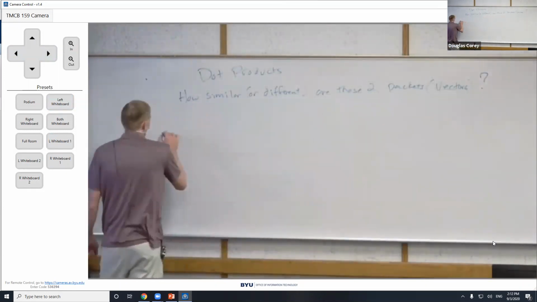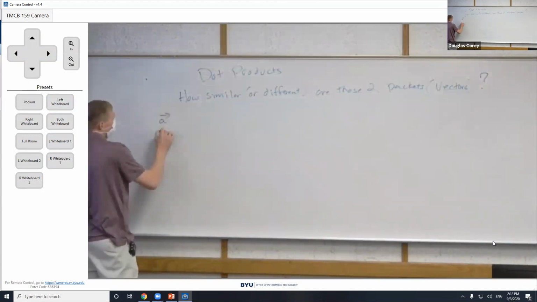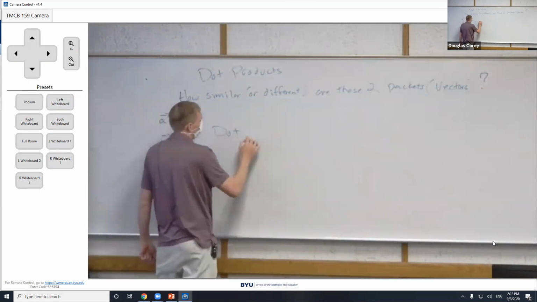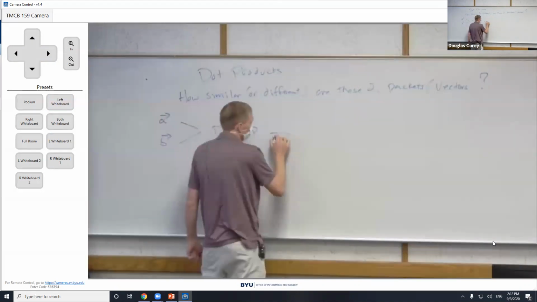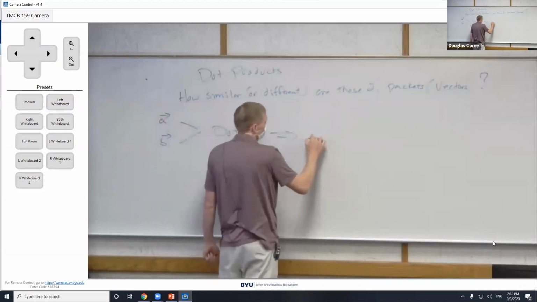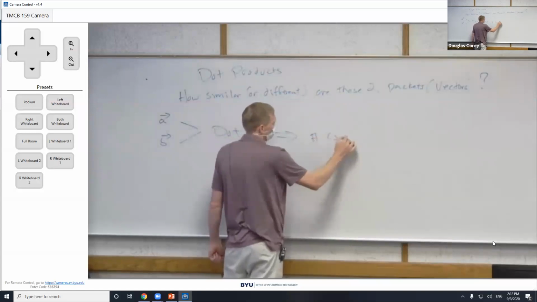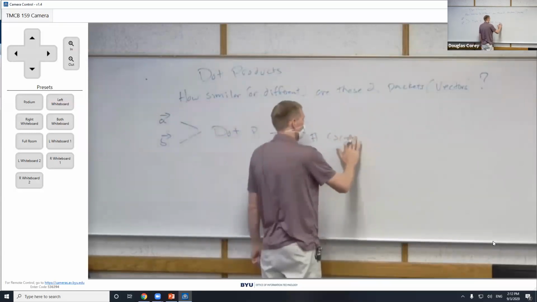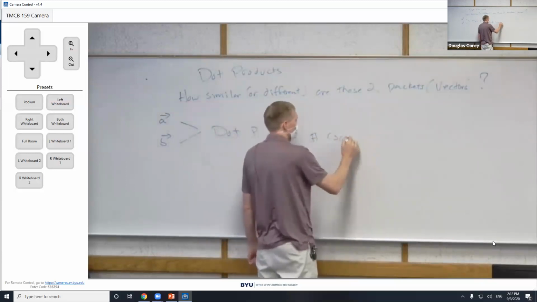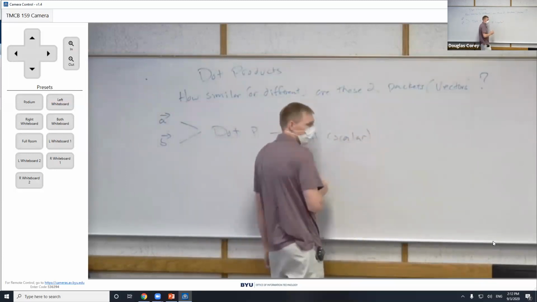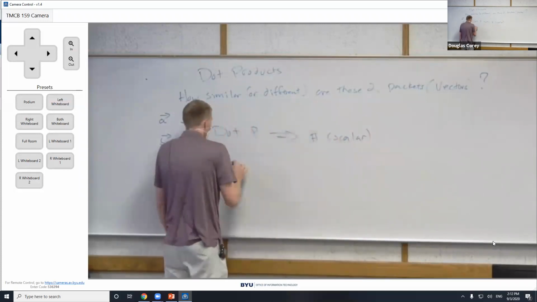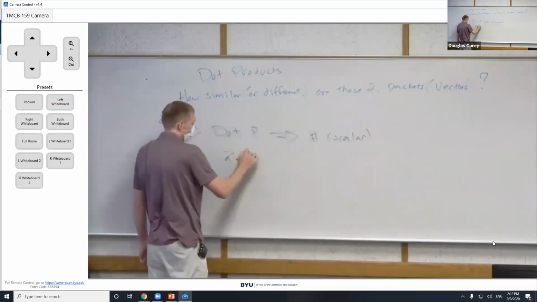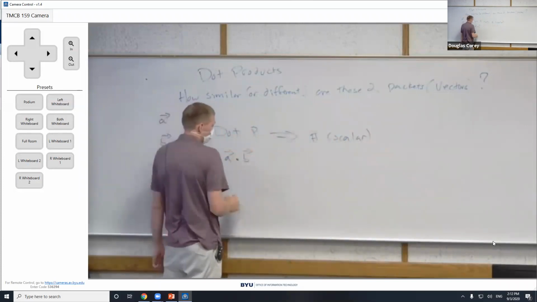The dot product takes in two vectors and spits out a number. Number meaning a scalar, a real number. We write it A dot B, where these are vectors.